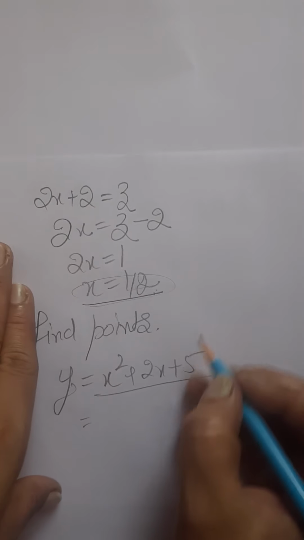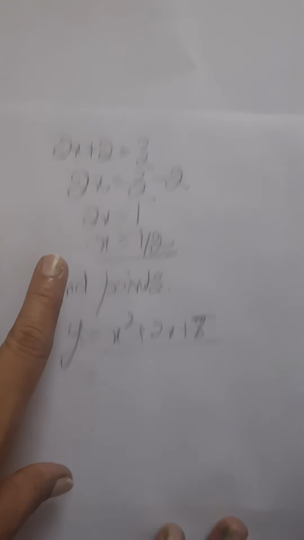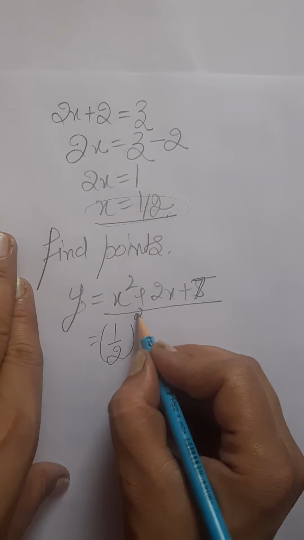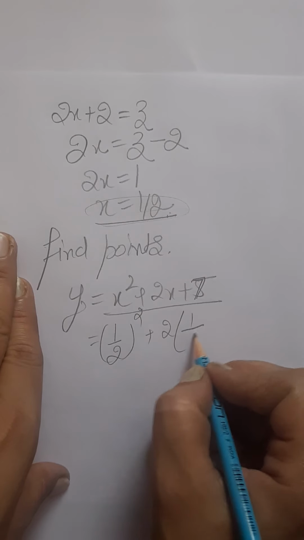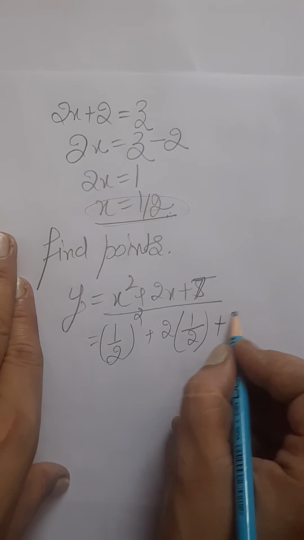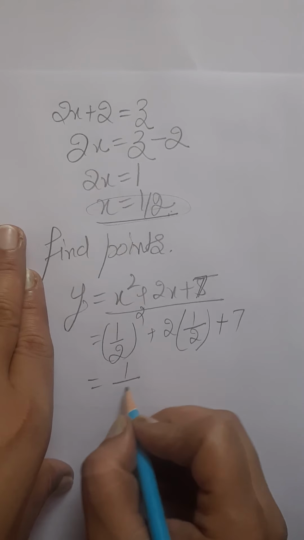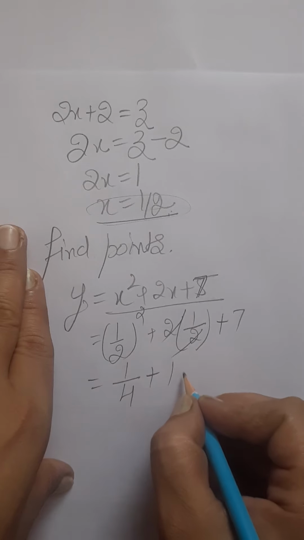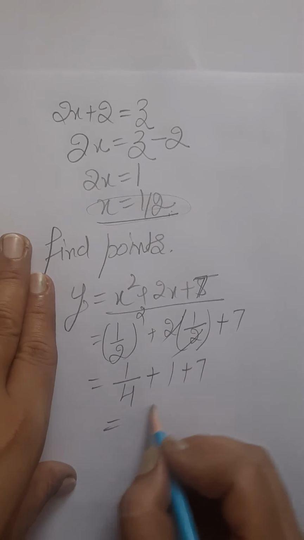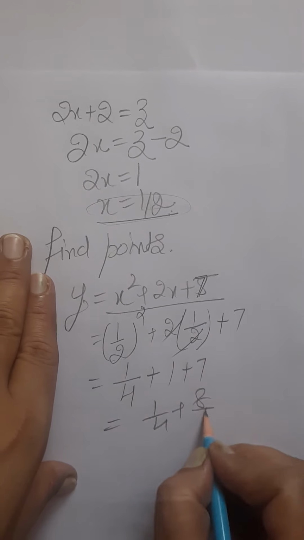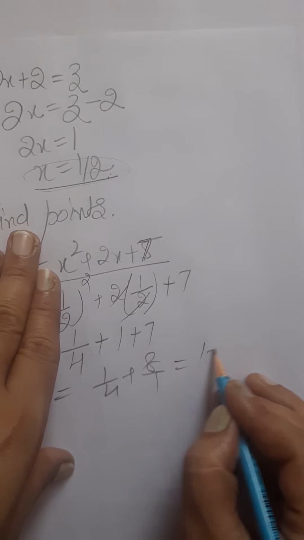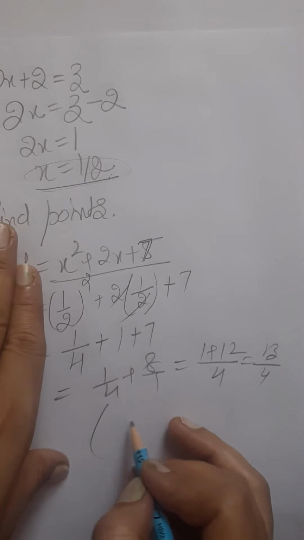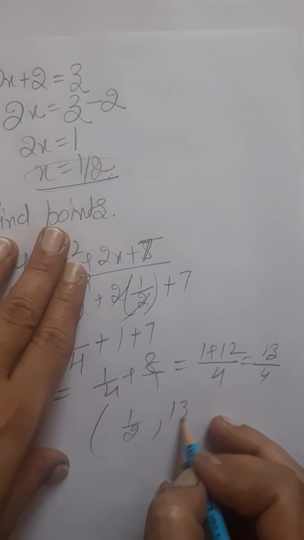You put 1 by 2 in the place of x, and you get 1 by 4, cancelling 2 with 2, and you get 1 plus 7, and after solving it you get your answer. So your answer is 1 by 2 and 13 by 4.